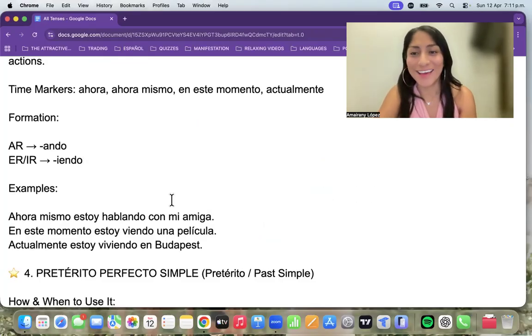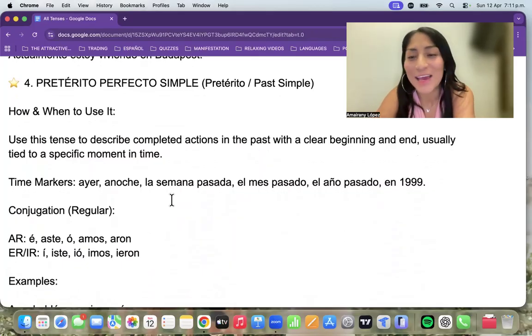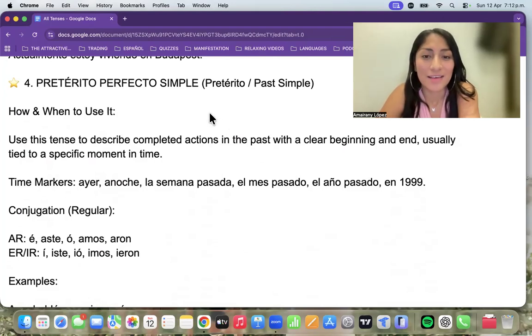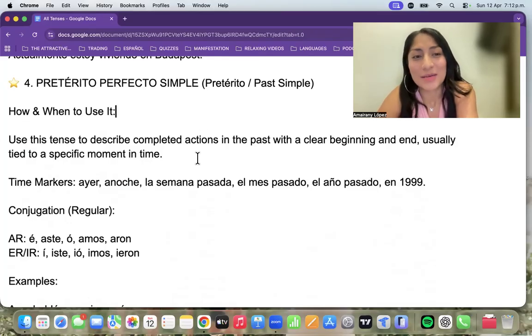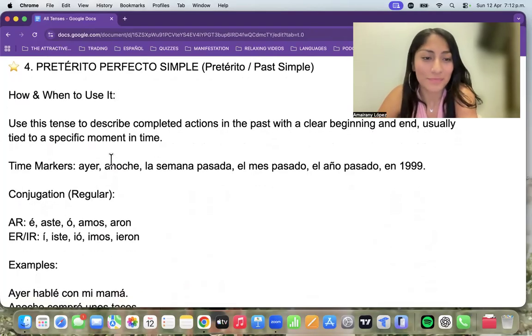Okay, let's continue. Pretérito perfecto simple. Pretérito perfecto simple, okay? So this is the past tense, the simple one, okay? And why do they call it the simple one? Well, we use this tense to describe completed actions in the past with a clear beginning and an end, usually tied to a specific moment in time.